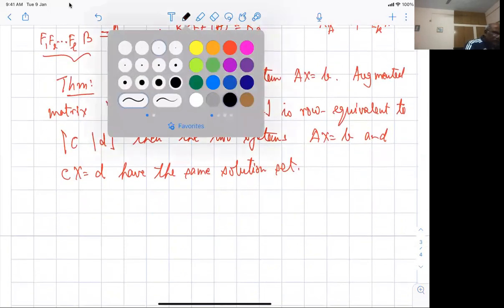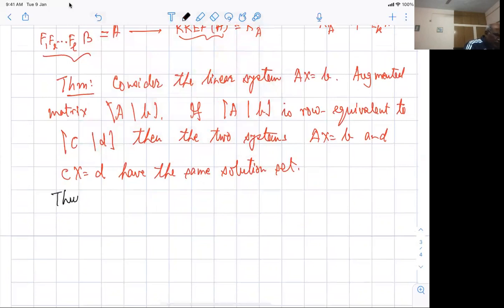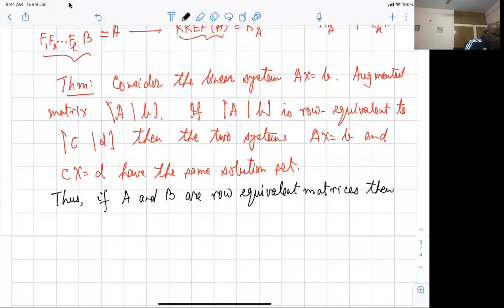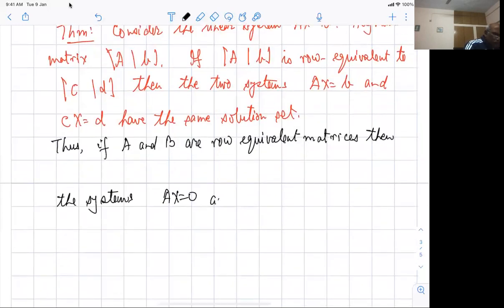So as a special case, for a homogeneous system, if A and B are row equivalent matrices, then the systems AX is equal to 0, the homogeneous system, and BX is equal to 0 have the same solutions.